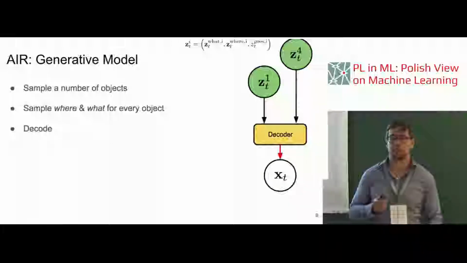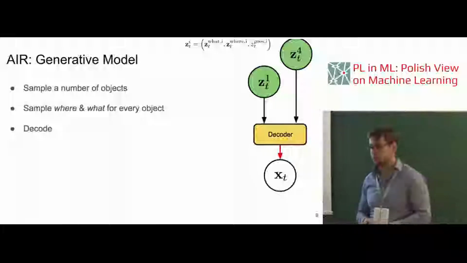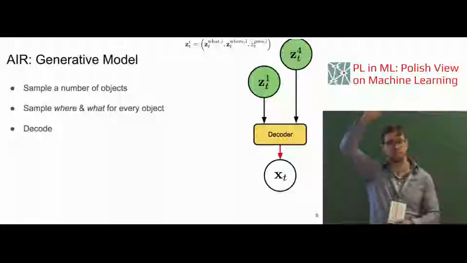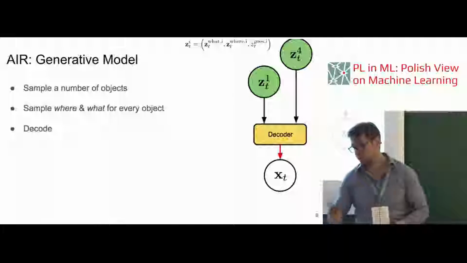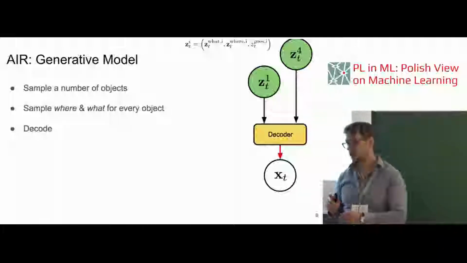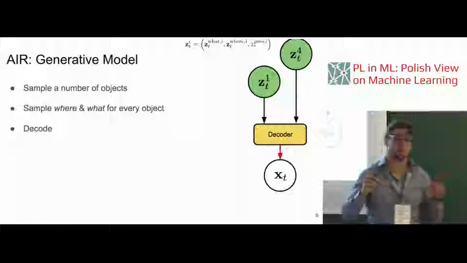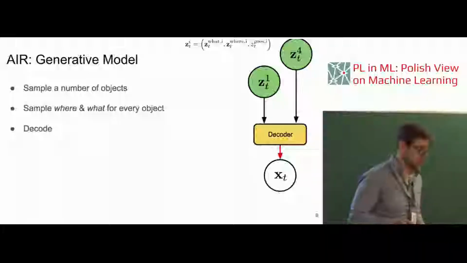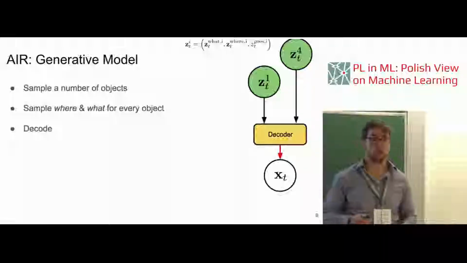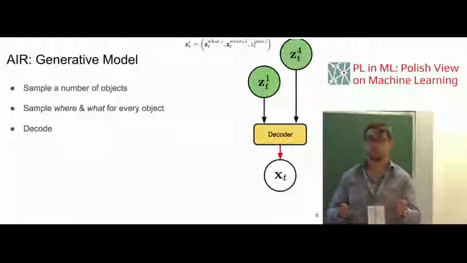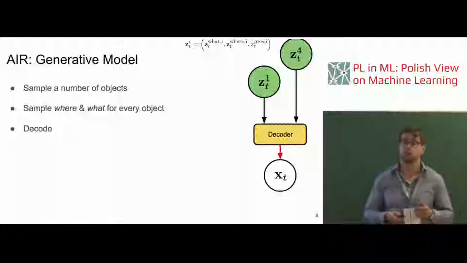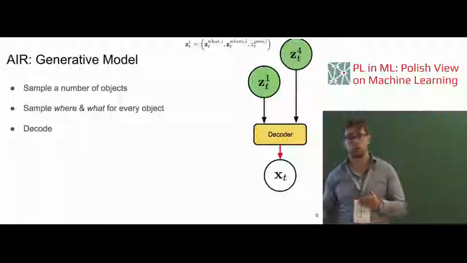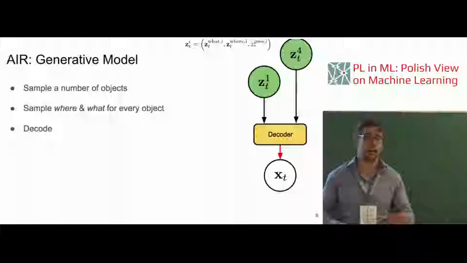So let's have a look at the generative model. Who's familiar with graphical models? Okay, not a lot of people. So let's just say that the nodes here, the circles in my presentation, correspond to random variables, so basically variables drawn from some probability distribution. And we talk about the generative model. It's a model that does not have any access to the data.